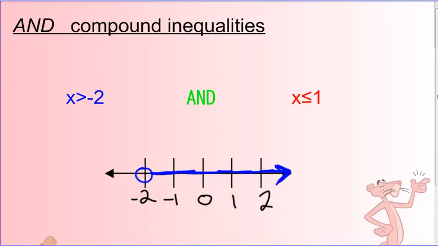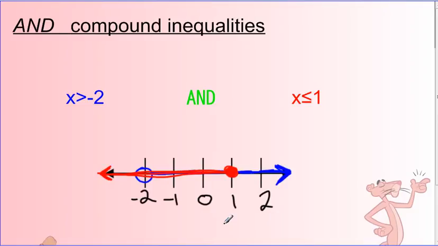In red, I'm going to graph this red guy. I need a solid dot at 1, and I need to shade everything less than 1, which would be all of these things. Because this is an and, what we're looking for is where both are true.